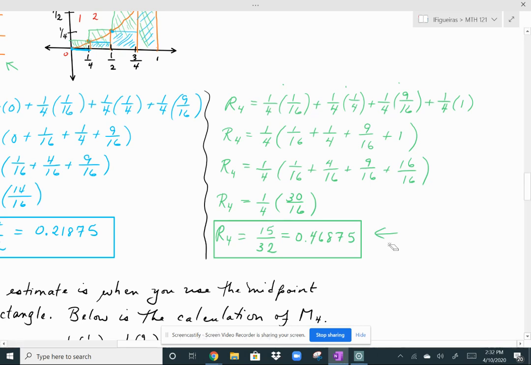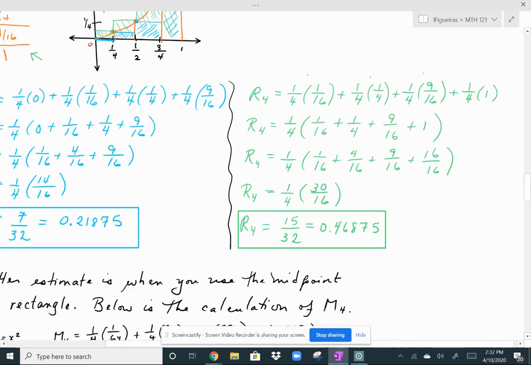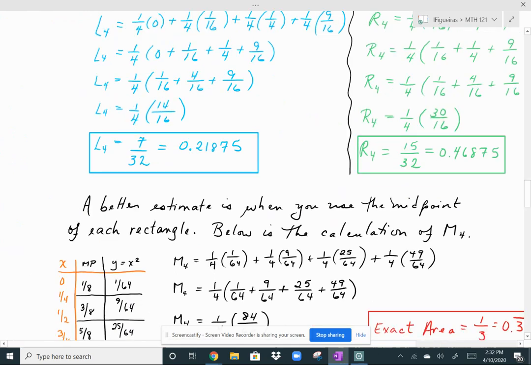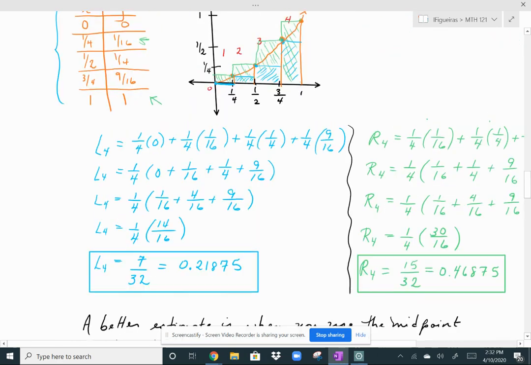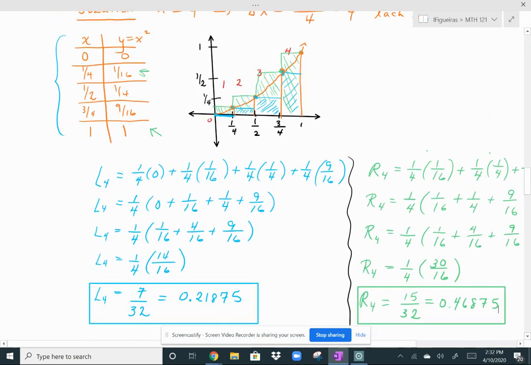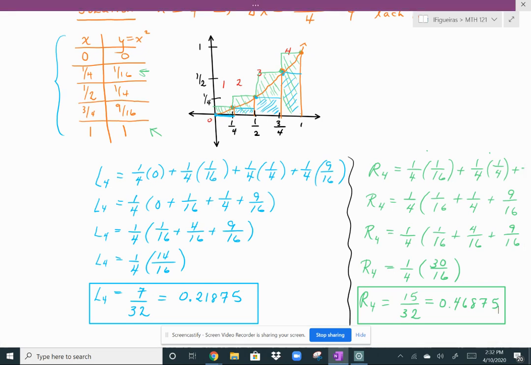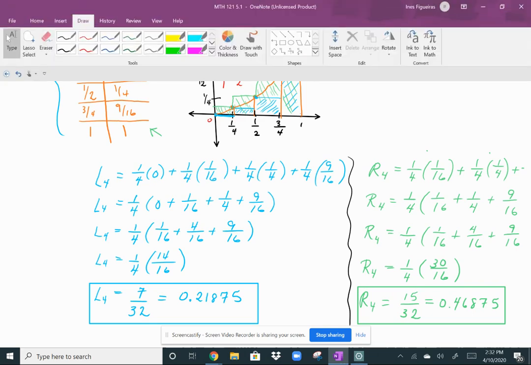Okay, so now that we understand left and right-hand endpoints, we're going to talk about midpoints. So a midpoint means that I'm going to pick the middle of each of the 4 rectangles in order to compute a height based on midpoint.